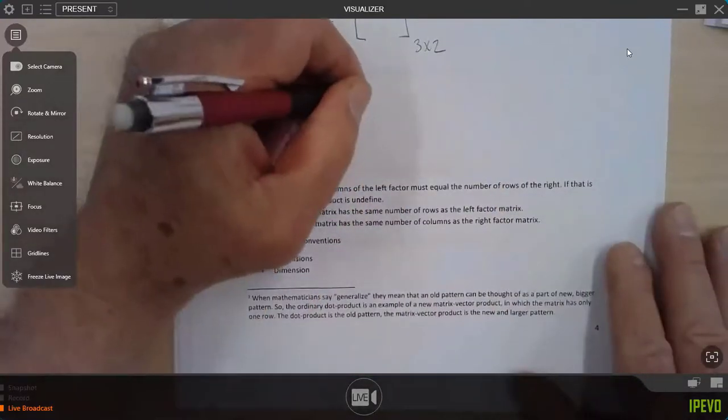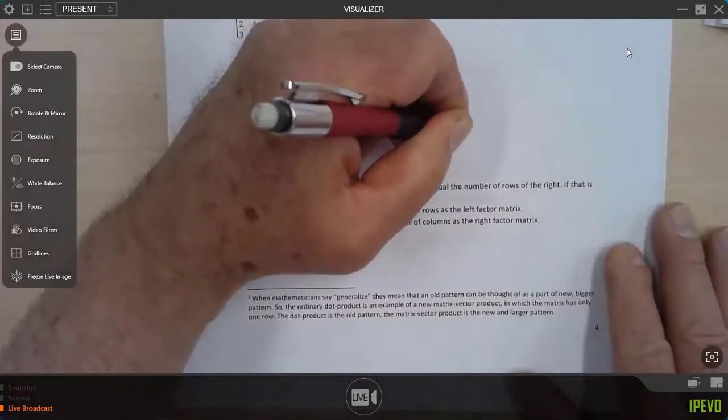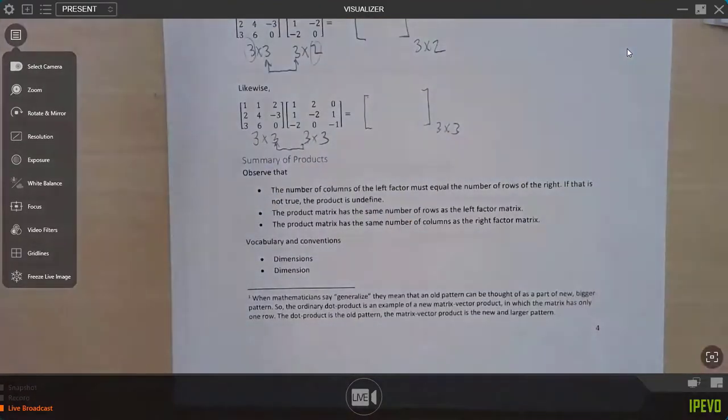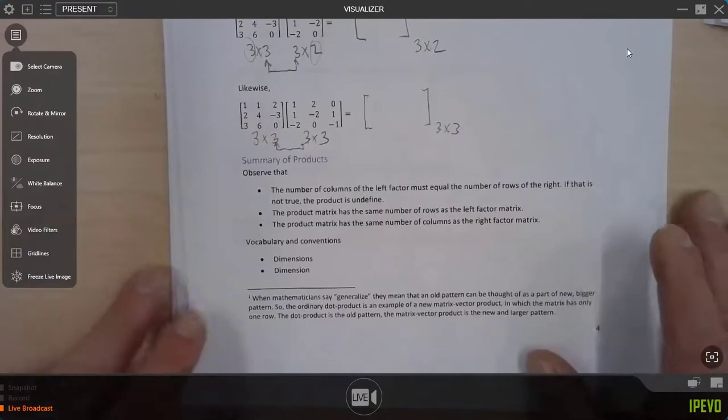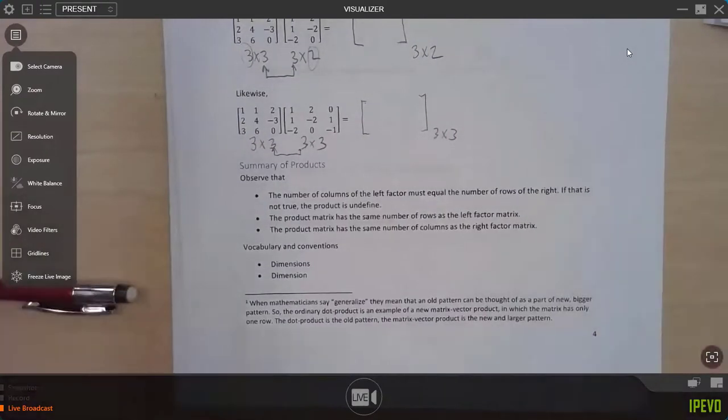So I don't really need to do the whole calculation in order to predict whether it's going to be possible, and secondly, what size I'm going to get at the end. Okay. And that really is useful, because so often the first question is, well, can I multiply these things? And if the answer is no, then you shouldn't spend a lot of time working out arithmetic, right?